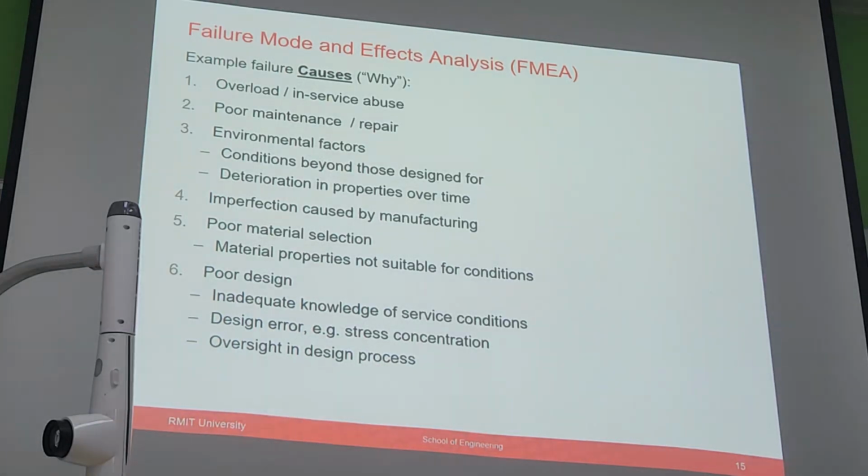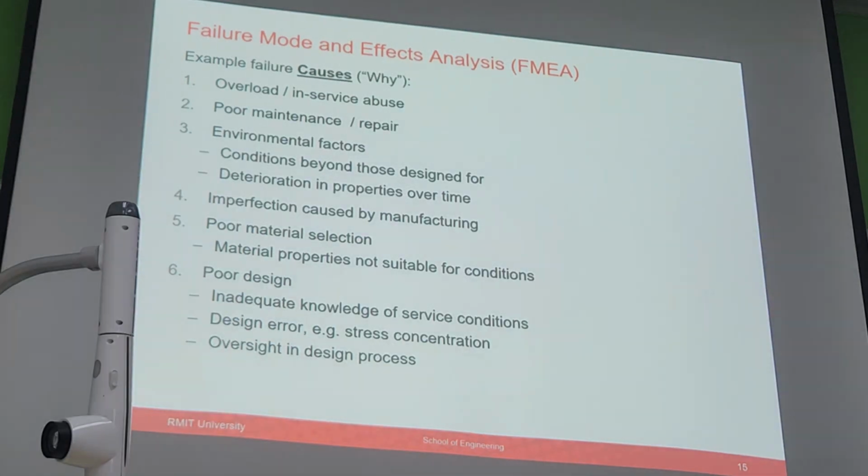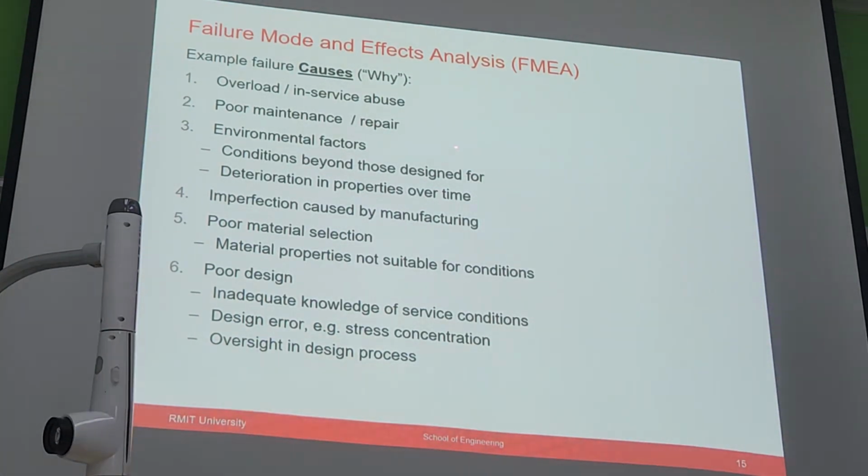Again, you can access the why, and you see maybe in the failure you put overload. For example, the wind turbine is overloaded and broken. Is that correct? So this we call the why, overload. Or poor maintenance.